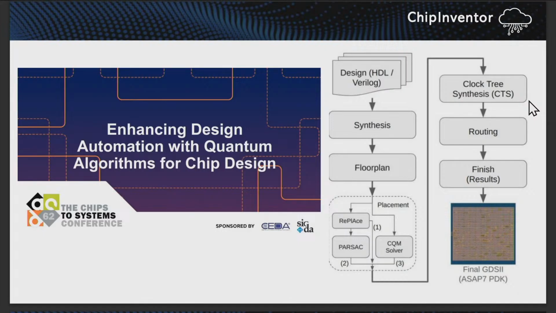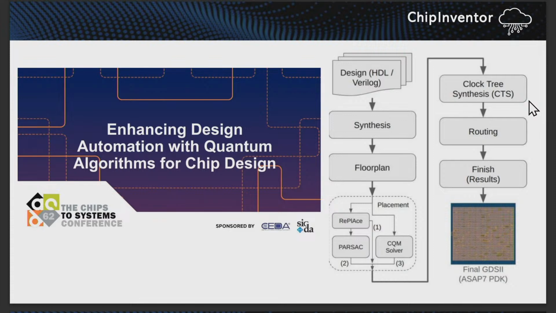I also wanted to give an update: last week we were at DAC, and we have modified the placement algorithm of OpenROAD to run on a real quantum computer from D-Wave in Canada, to do the placement using a quantum algorithm.